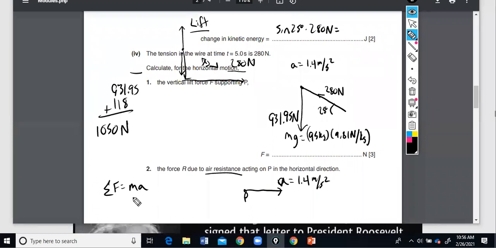The net force is always equal to the mass, which we know is 95, times the acceleration, which we were given as 1.4 meters per second squared. So if we take our 95 kilos times our 1.4 meters per second squared, we can realize that the net force is 133 newtons in the horizontal direction, because that's the direction that we're accelerating.